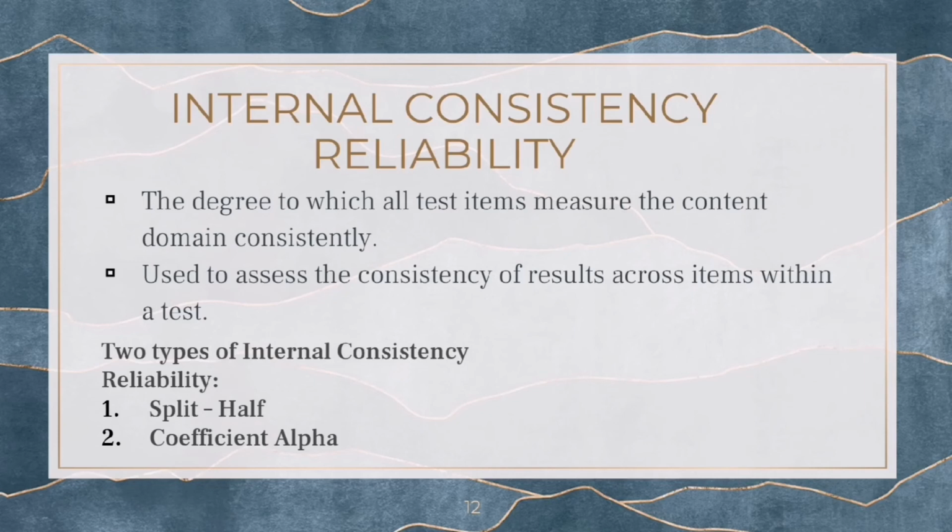In this case, our items should be homogeneous with each other. So we can say that our test items have internal consistency because in the first place, they are homogeneous. Our questions or test items are consistent because they are connected to each other.